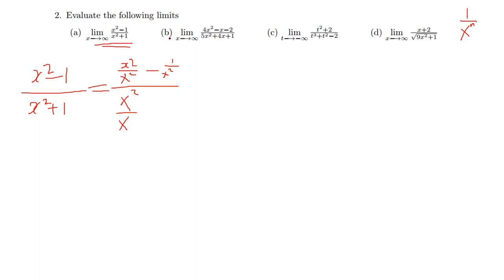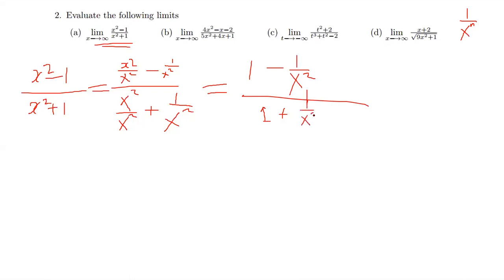All right. So I was saying you divide by the x which has the highest power throughout the expression. So here, when you divide that by that, you have a 1, then minus 1 over x squared. And even this side, we have a 1 plus 1 over x squared.